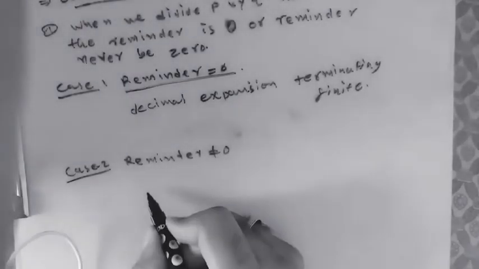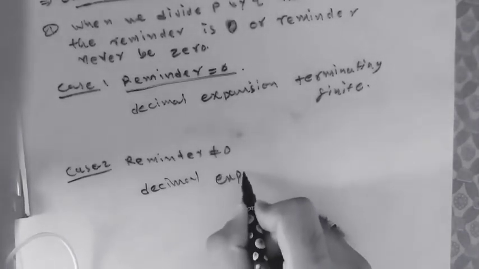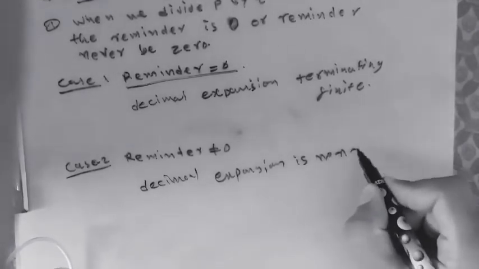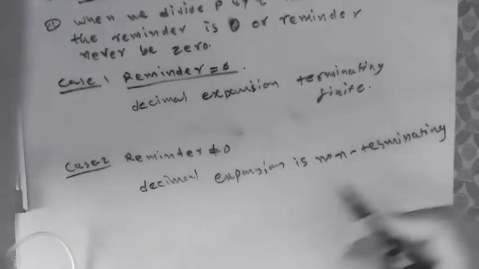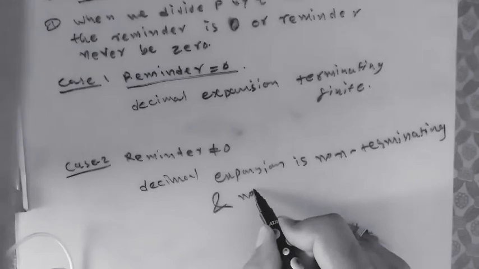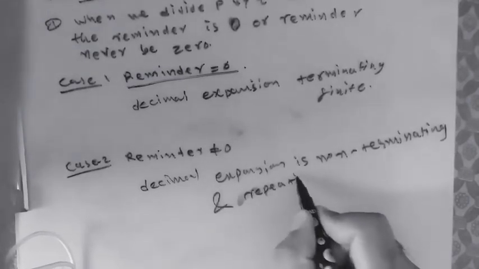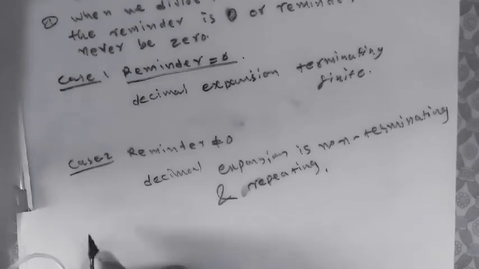And in the second case, the decimal expansion is non-terminating and repeating. Okay, so we can find a third case also, but not in rational numbers.